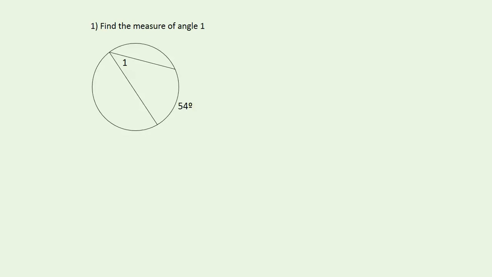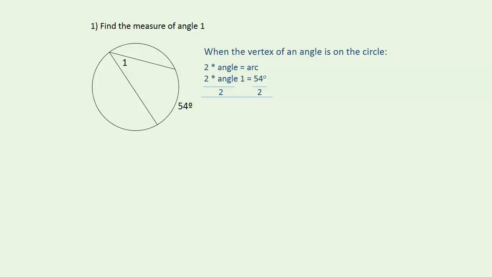Now let's find the measure of angle 1. When the vertex of an angle is on the circle, as it is here, we'll find that 2 times the angle will equal the arc. So 2 times angle 1 will be 54 degrees. Divide both sides by 2, and the measure of angle 1 is 27 degrees.